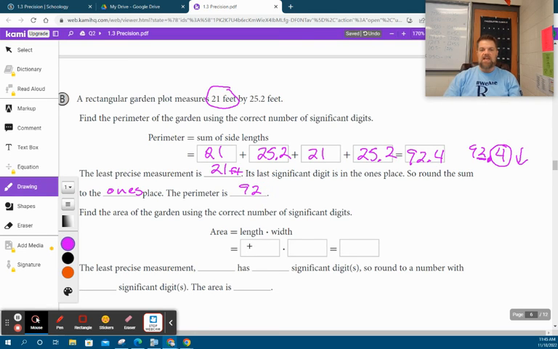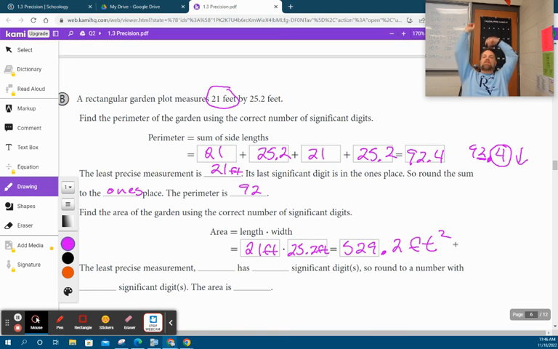The area is the length times the width, right? And so for the length, we could say 21 feet. I probably should put the units in there. By 25.2 feet. So then my answer will be 529.2 feet squared. Okay?